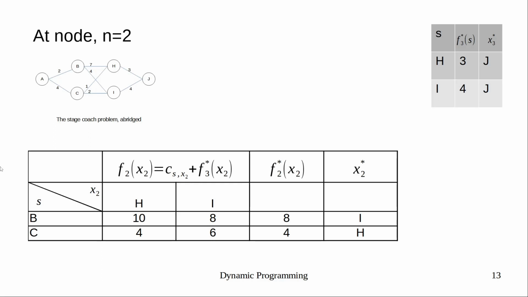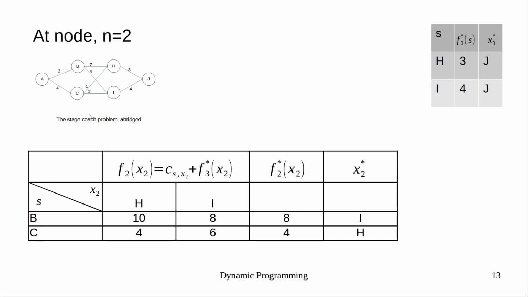We move further to stage 2. Now at stage 2, you can go from B to H or B to I, C to H, C to I. So the states from which you can start, that is S, are B and C, and the states where you can end up are H and I. So if you go from state B to state H, the total cost is going to be 7 plus F3 star(H), which is 3.